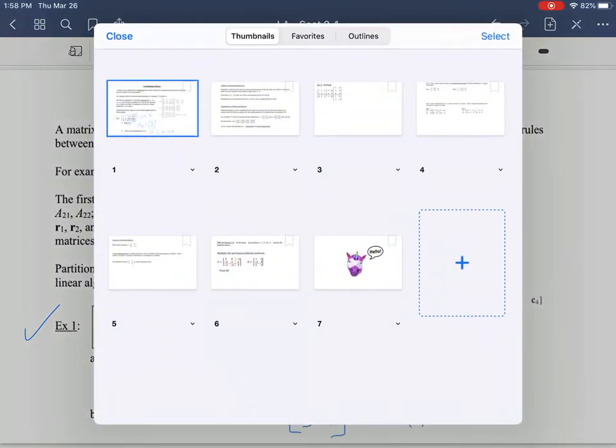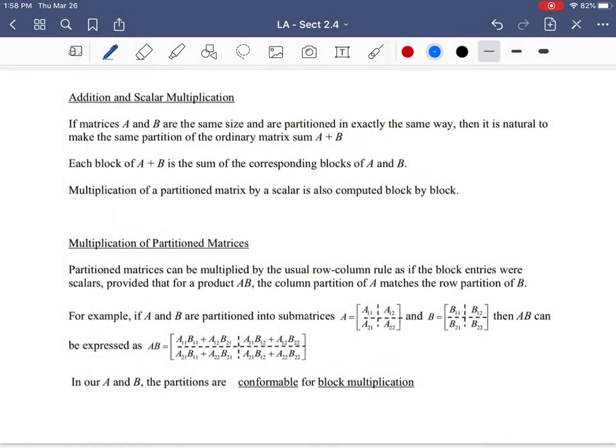All right. And so there's going to be some wording that they're going to tell you, when somebody would say to you, our partitions are conformable for block multiplication. Anyway, to add, they have to be the same size.